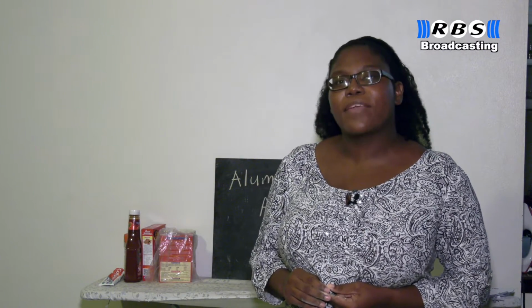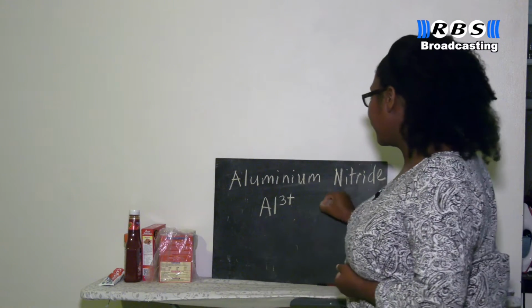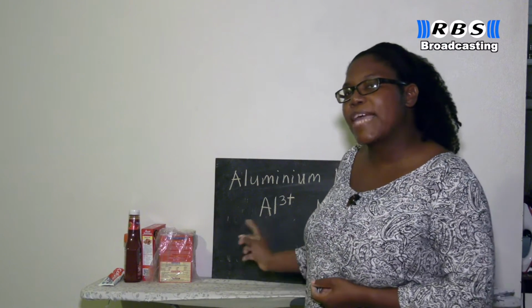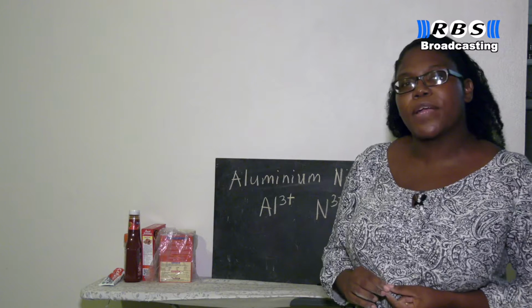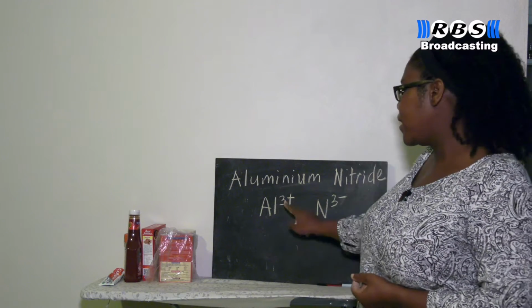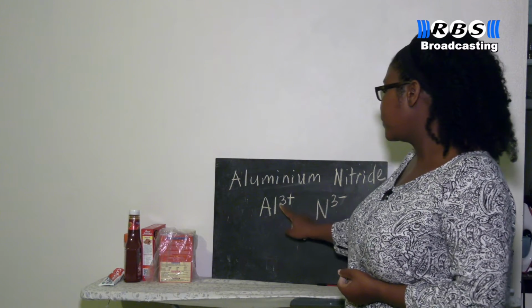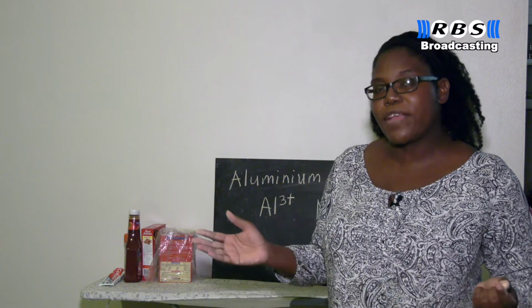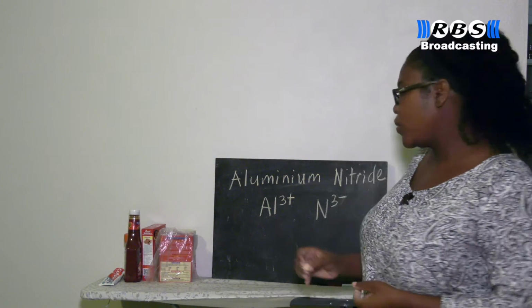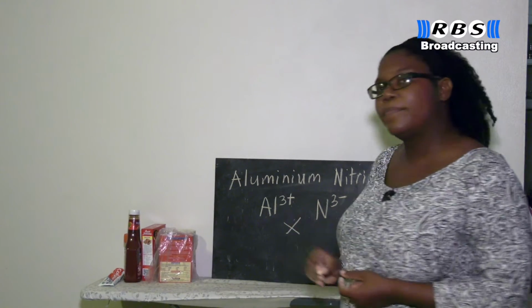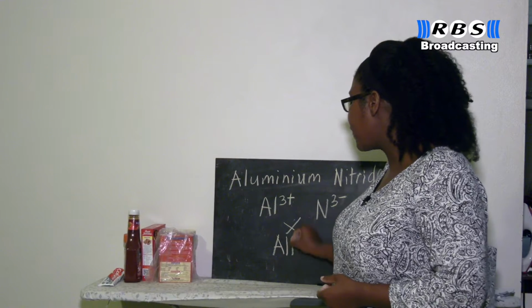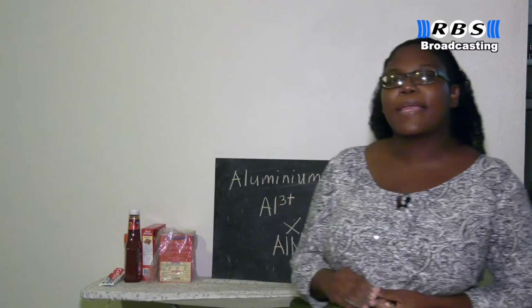The nitride ion is N3-. Both of these ions have the same number on their charges, the number 3. These 3s can be divided by 3 to simplify. So they become 1s. So the formula for aluminum nitride is AlN.